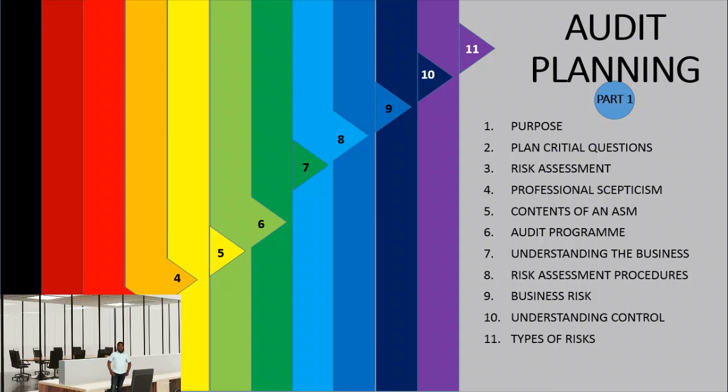What are the risks they are carrying? Business risk itself, its definition and its breakdowns. We are going to examine also controls in place in the organization we want to audit. What are the controls put in place and how can we go about it? Last but not the least, the types of risks. So let's pick them one after the other.